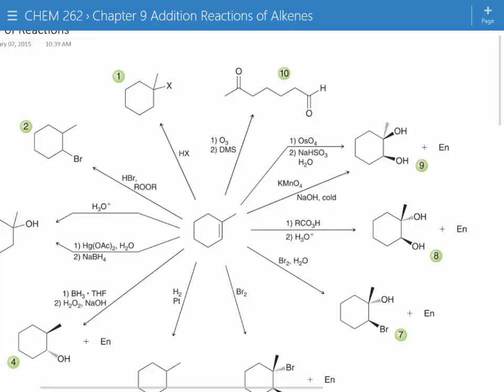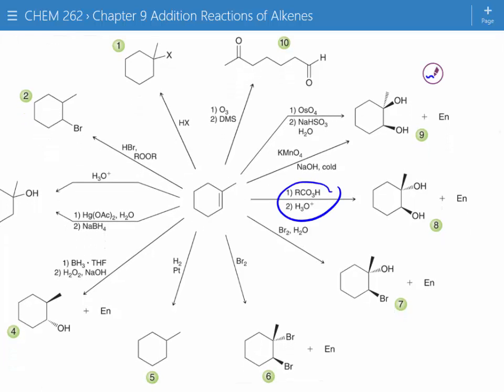If we're trying to do anti, that number 8. There's another one called peroxyacetic acid that occasionally they'll use in a book. Usually it's MCPBA though. MCPBA is just an abbreviation. There are a couple other peroxy acids you can use besides MCPBA, but MCPBA is far and away the most common. That's a good question.